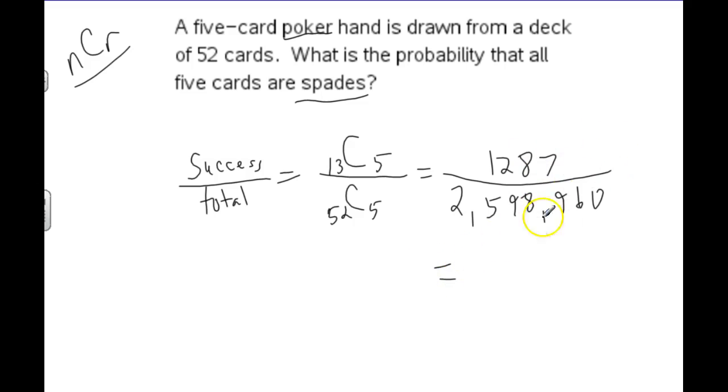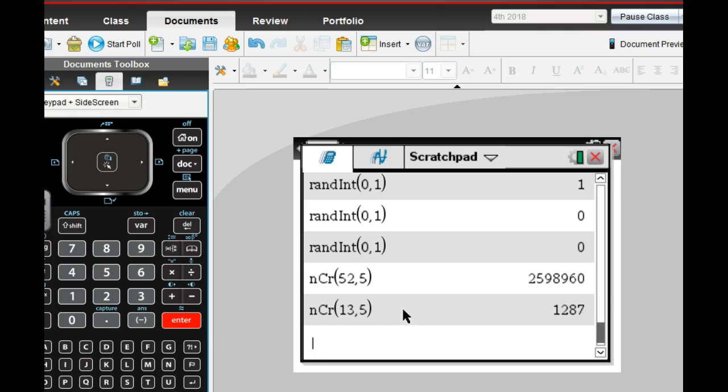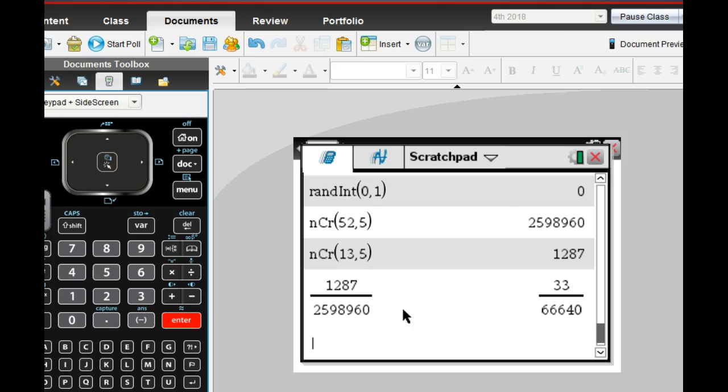I would probably prefer a decimal here, since it makes more sense. When you do that in your calculator, it ends up being somewhere around 0.0003 something, maybe 4 digits. But a 0.03% chance, basically, or 0.04, I forget exactly what it was. Let me do it. It would be this number divided by this number.